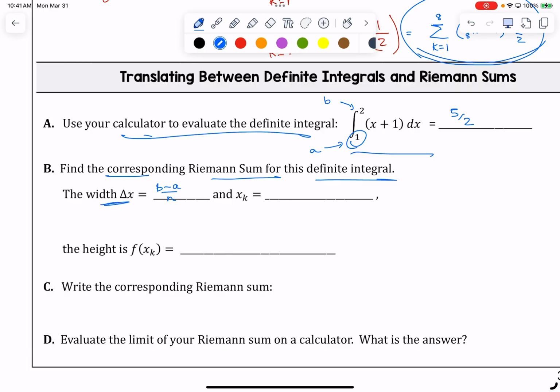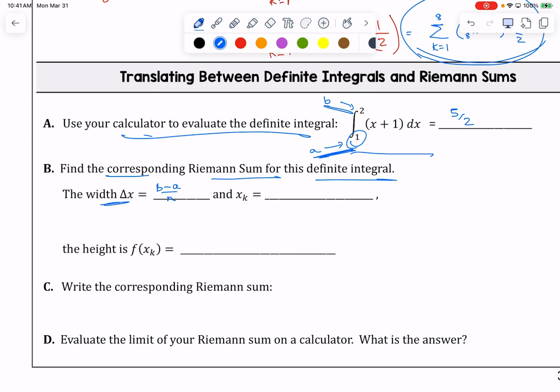A is your lower limit of integration. B is your upper limit of integration, sometimes called the lower bound, upper bound. One's lower, one's upper. All right, so it would be 2 minus 1 over n.